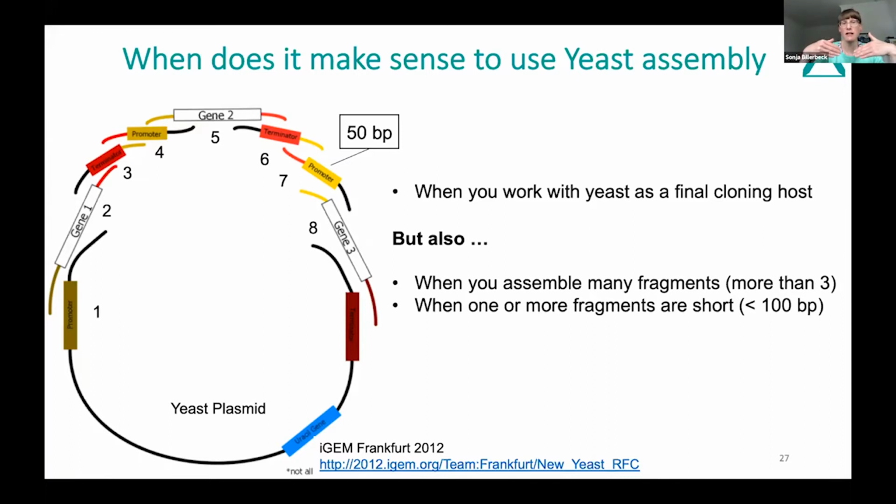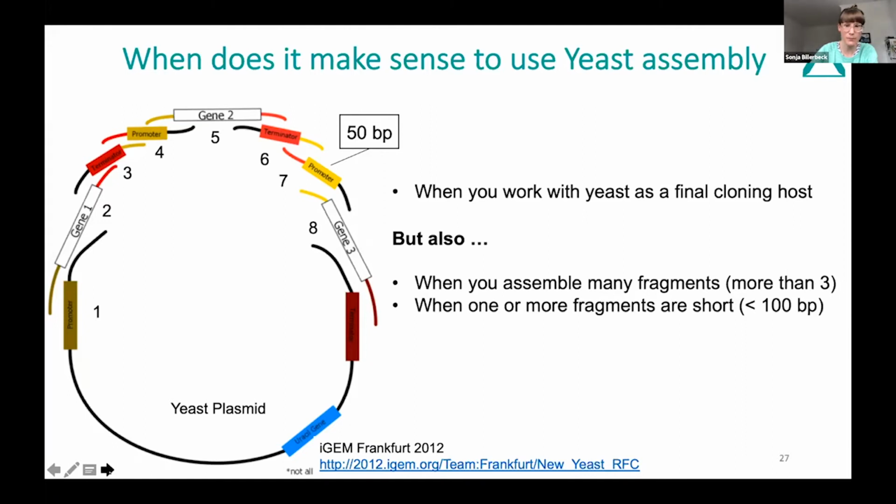So it doesn't mean that Gibson assembly doesn't work at all with very short parts, but often you need to screen many colonies to find ones which do not have mutations. With yeast assembly, this is not an issue because it doesn't rely on chewing back double-stranded DNA. So these are really the 2 cases when you should consider yeast assembly as your method of choice for DNA assembly.